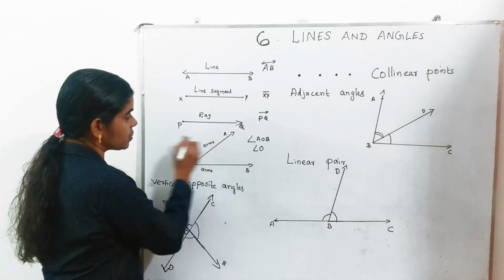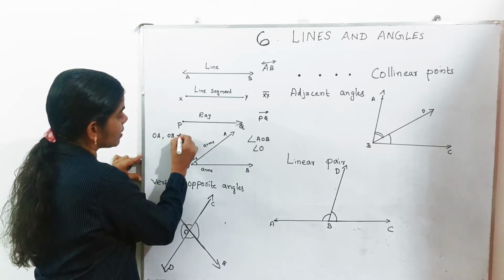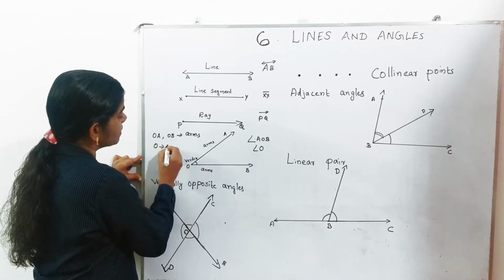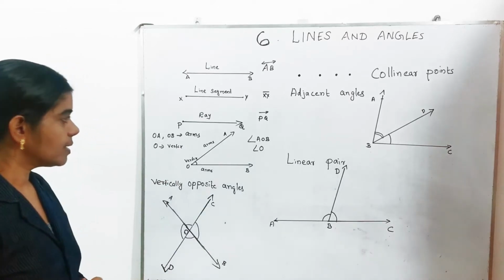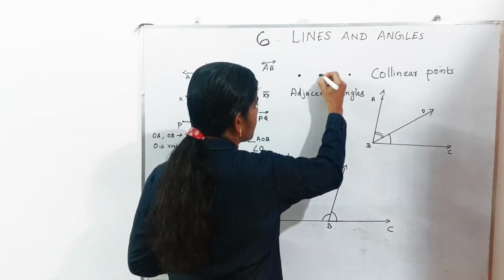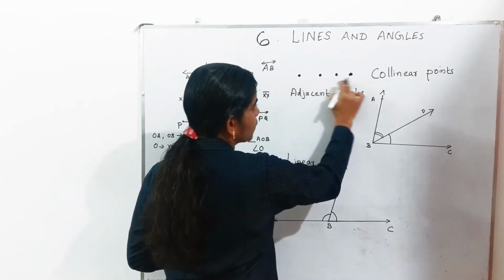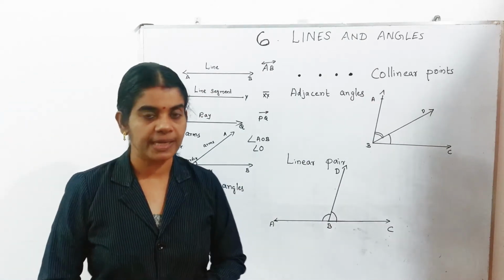OA and OB are known as the arms of the angle and O is the vertex of the angle. Next I am saying that 3 or 4 points lie on the same line. Points that lie on the same line are known as collinear points.